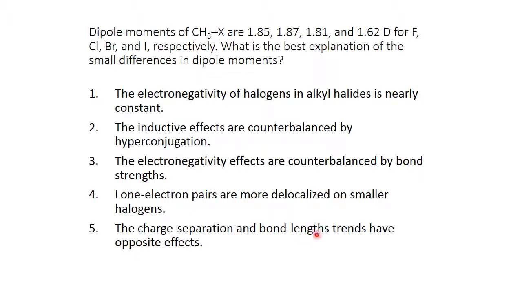The bond length trend is that the longer the bond, the greater the dipole moment. So you actually see that as charge separation starts decreasing, the bond length is increasing, and so they do have opposite effects. This was a real hard problem, and unless you read the chapter in great detail, you would never have gotten this.